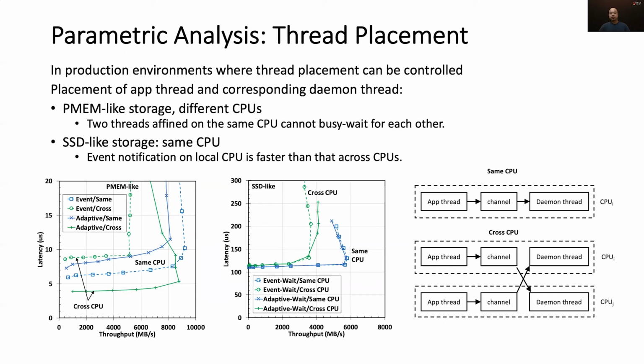When bid wait is mostly ineffective, such as for the SSD-like storages, placing the corresponding threads on the same CPU yields better performance. This is because kernel event notification on the local CPU is slightly faster than that across CPUs.